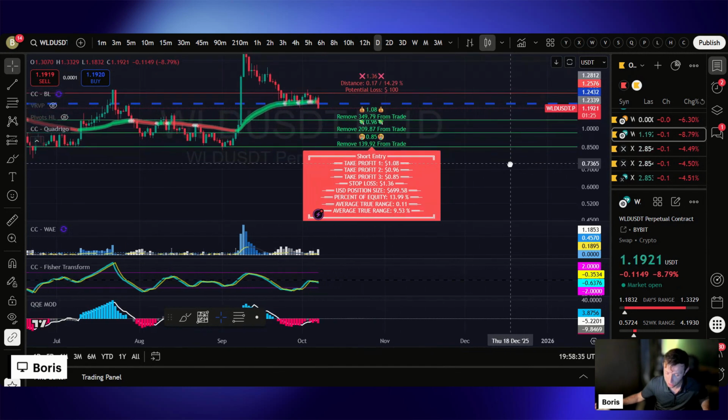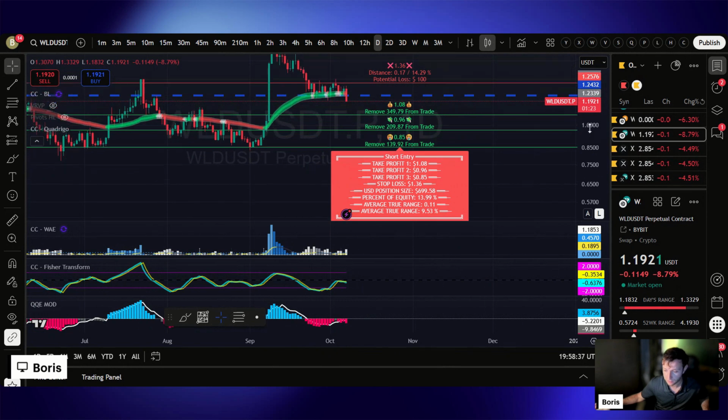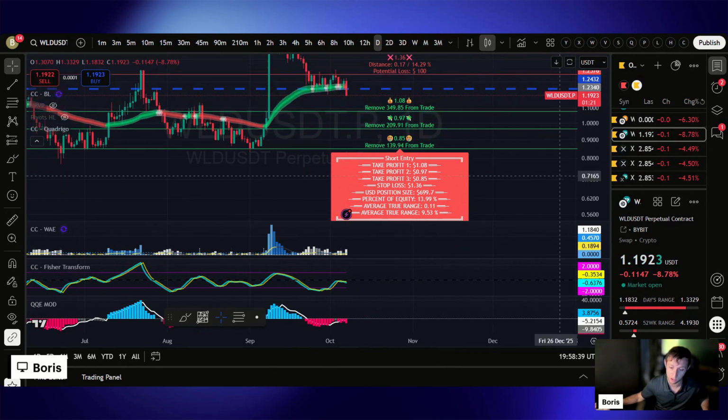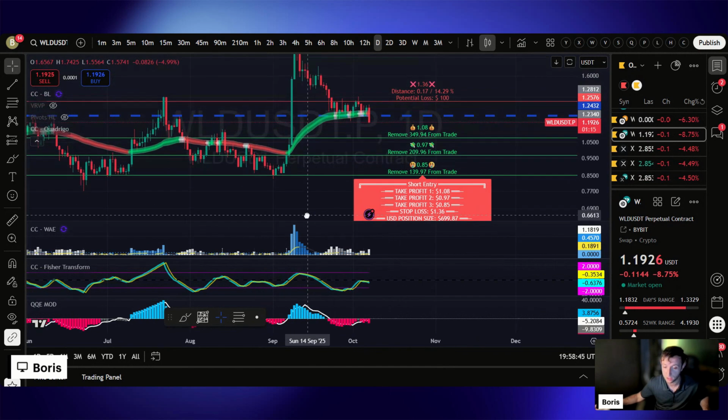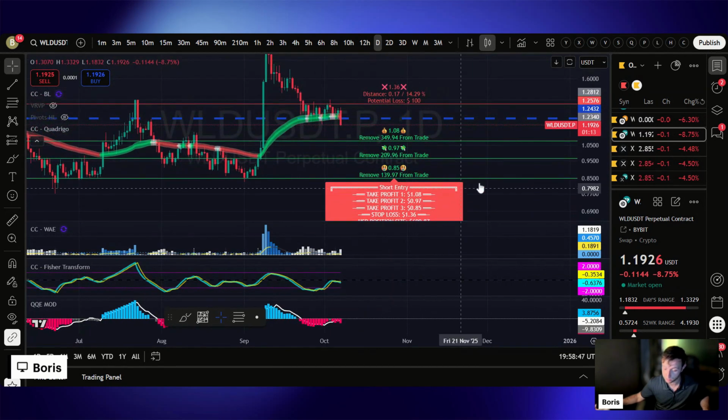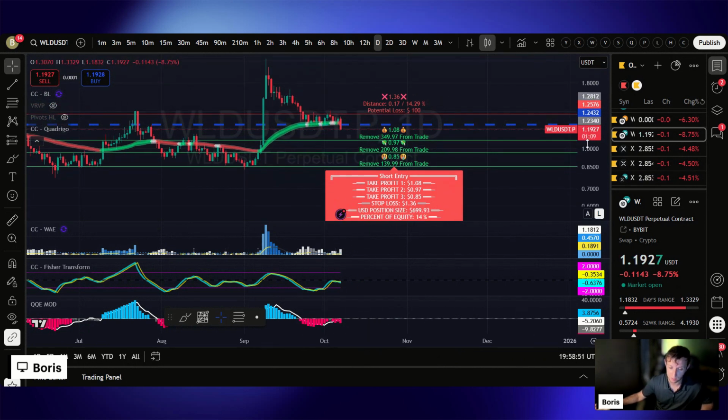Yes, that is the setup. I hope that makes sense. I think most of the guys understand the way I approach the markets. I use an ATR-based stop and target system. I like to use my indicators, and they're all in alignment right now. So that is the setup on WorldCoin. I'm going with a short swing today, especially considering that Bitcoin dominance is going up and USDT dominance is going up, also looking bearish.